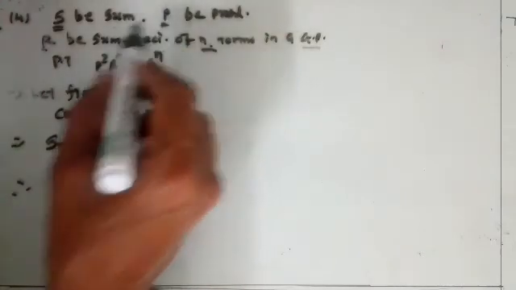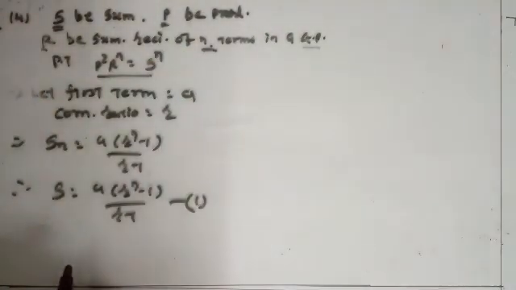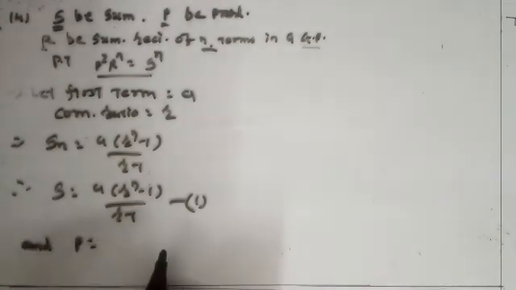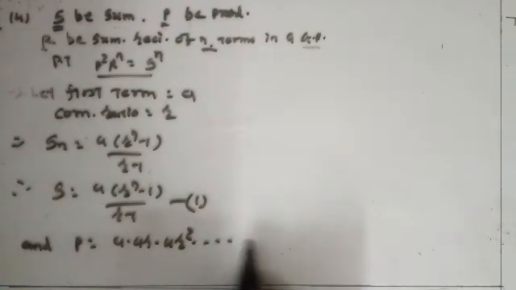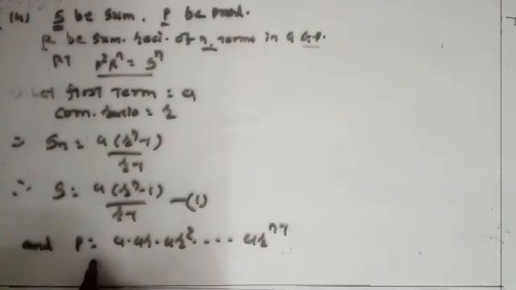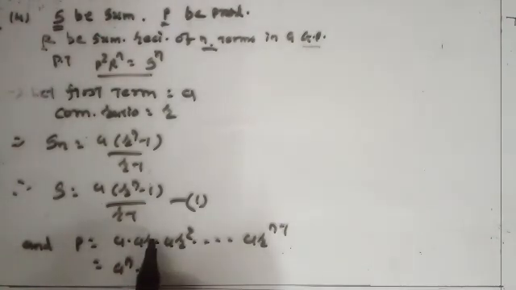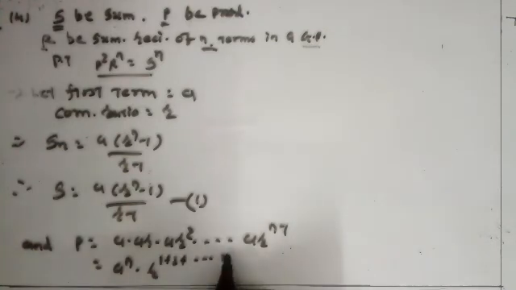And the product of n terms is equal to P, given. Product P is equal to A into Ar into Ar squared, up to the last term, the n-th term, that is Ar raised to n minus 1. A into A into A, that is A raised to n. Here r raised to 1 into r raised to 2 into r raised to n minus 1 is equal to r raised to 1 plus 2 plus up to n minus 1.